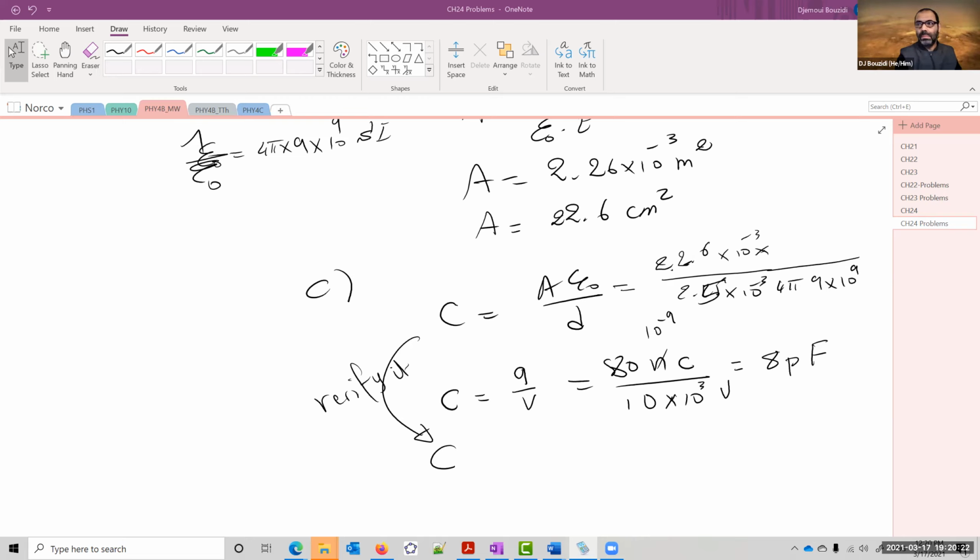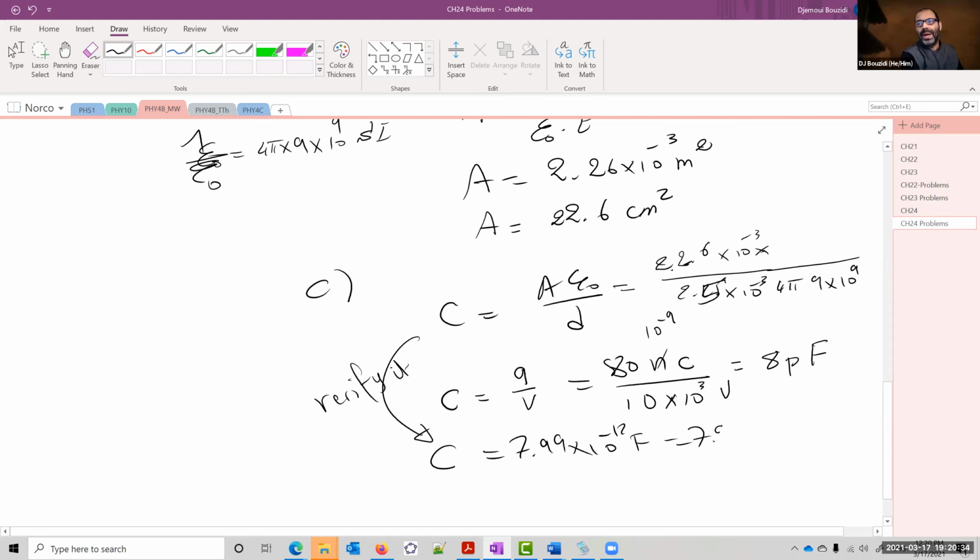I get 7.99 times 10 to the power negative 12 farads, or 7.99 picofarad. Does it make sense to you guys? Yes, no, maybe? Yeah, so there were two ways. Very good.